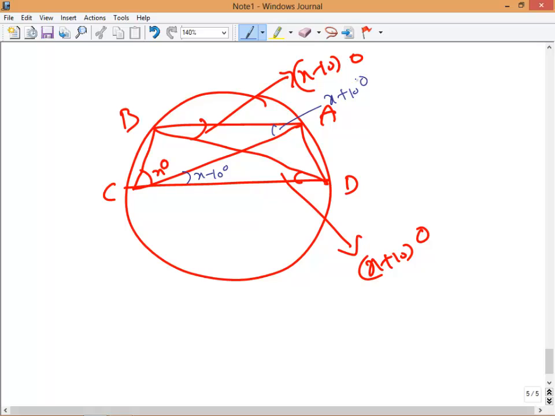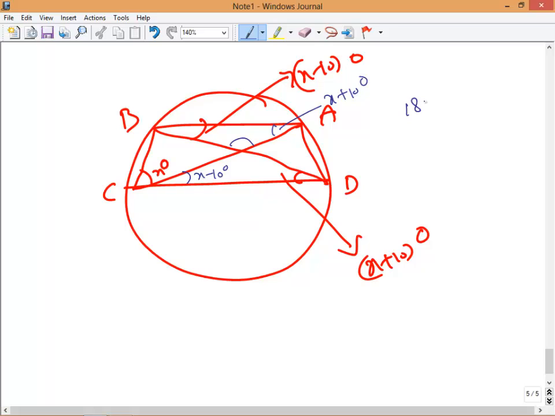Now angle A plus angle C equal to 180 degrees. So this angle is going to be 180 minus x minus 10, minus x minus 10.